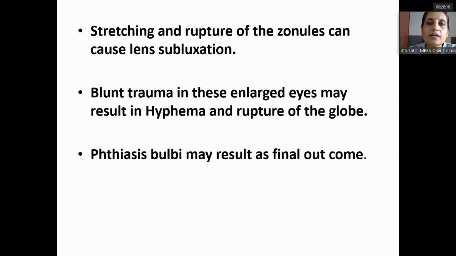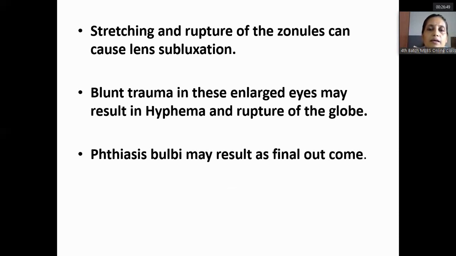Stretching and rupture of the zonules can cause lens loss or subluxation. The lens, with the help of the suspensory ligament, hangs on either side just behind the iris. If the eyeball keeps on enlarging, what happens? There will be more stretching of these zonules, which causes rupture of the zonules, and the lens is subluxated, meaning it is displaced from its normal position.